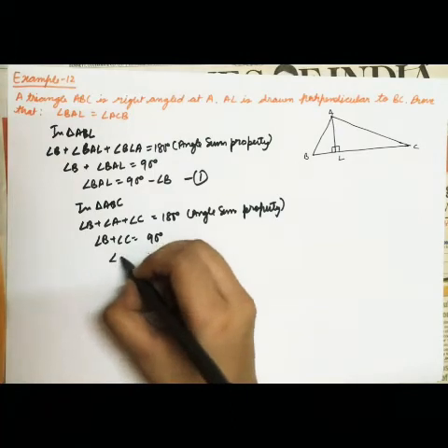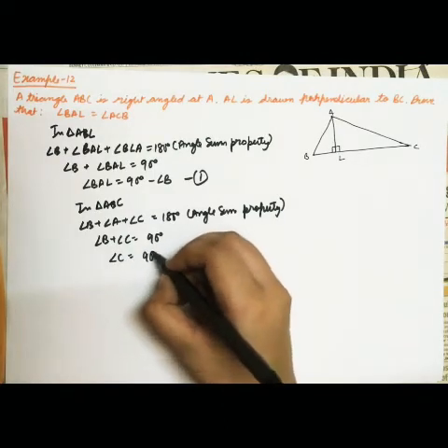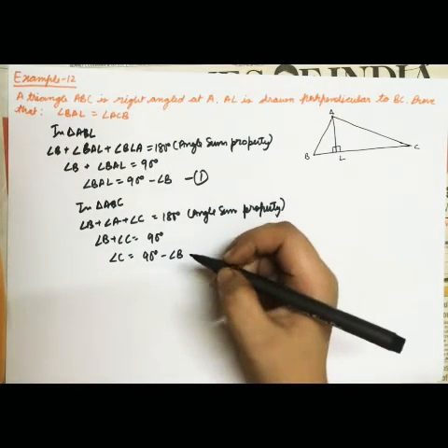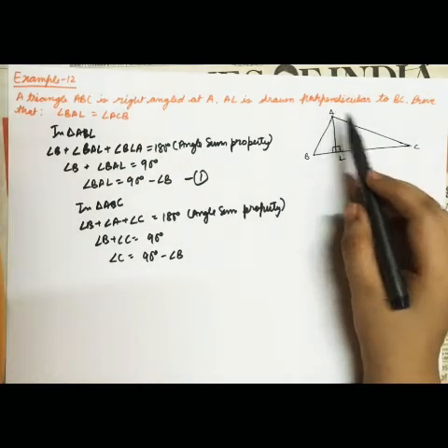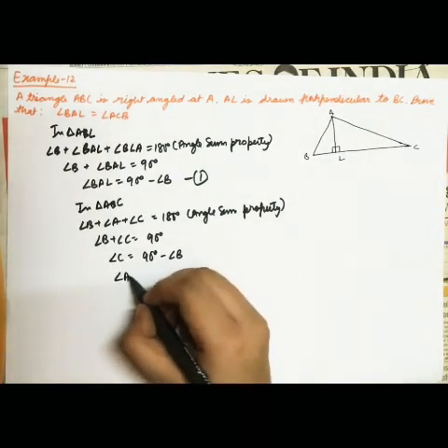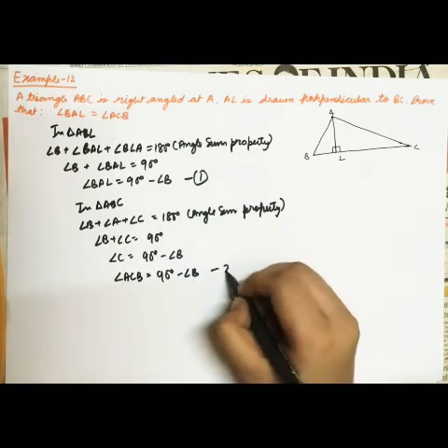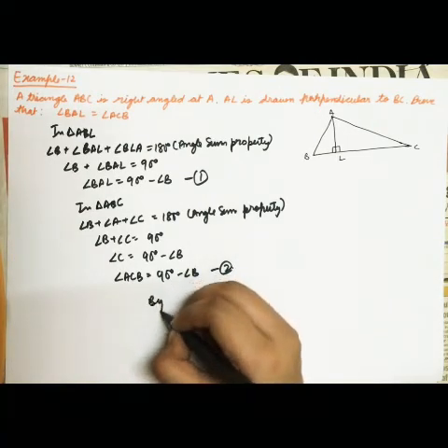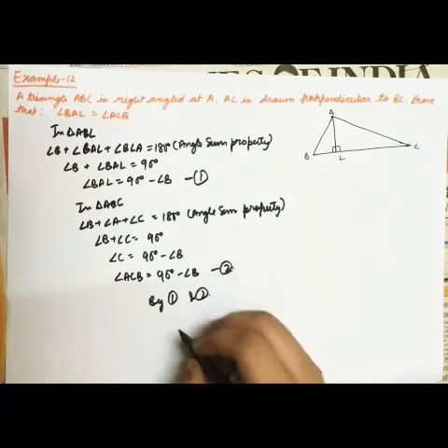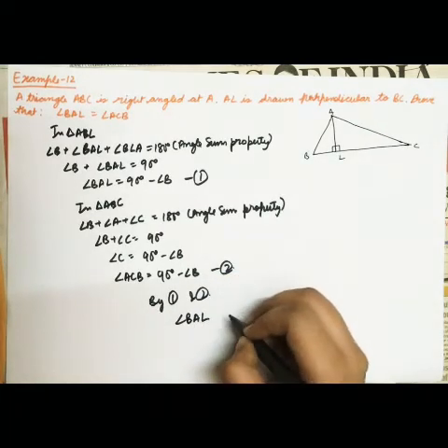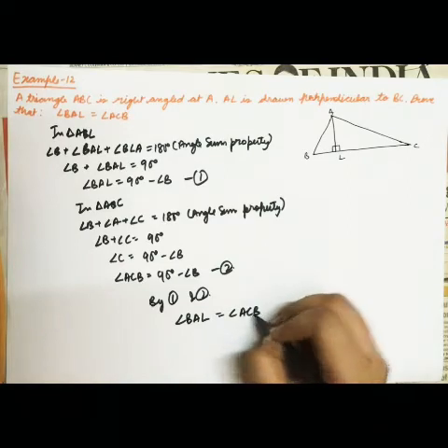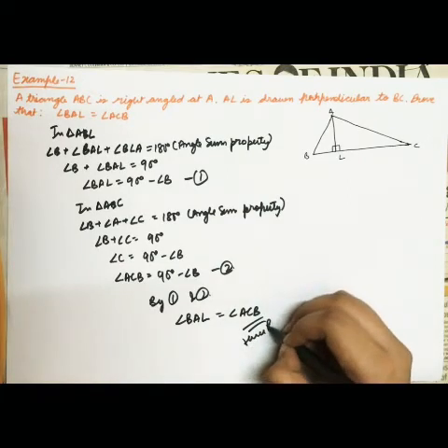So we can say that angle C is equal to 90 degrees minus angle B, and angle C is nothing but angle ACB. So angle ACB is equal to 90 degrees minus angle B. We will mark this as 2. So by 1 and 2 we can say that angle BAL is equal to angle ACB, hence proved.